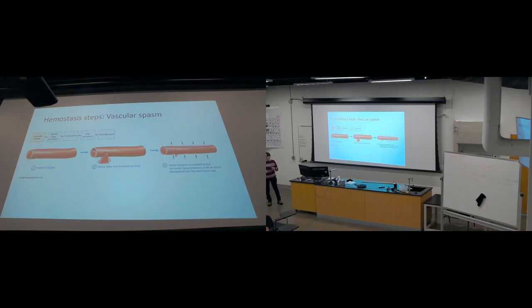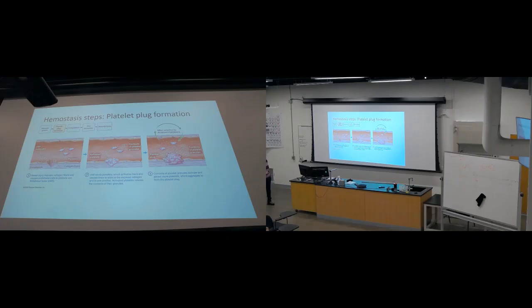These smooth muscle cells will respond by contracting. This is known as vascular spasm or vasoconstriction. So what you're trying to do here, after you injure a blood vessel, is through this vasoconstriction to reduce the blood flow so that you have less amount of blood going through this blood vessel.